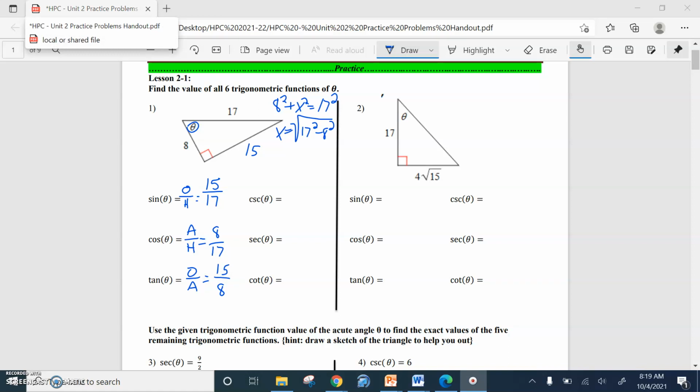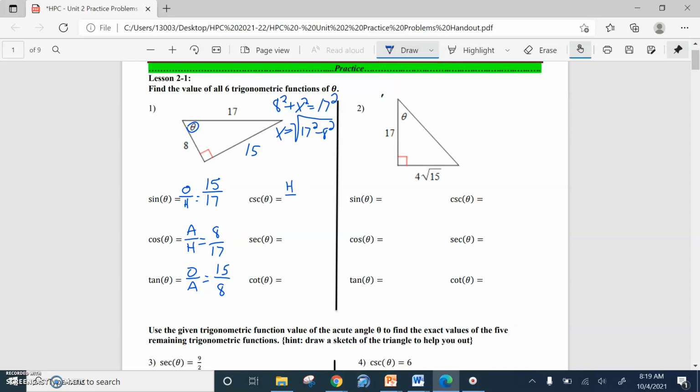Now, if we continue our work, cosecant, secant, and cotangent, those 3 other trig ratios, for all intents and purposes right now, we just look at those as simply the inverses of those first 3 trig functions. So sine and cosecant are related because one is the inverse of the other. So if I have the cosecant of theta, I have the reciprocal. I just simply take that fraction of opposite over hypotenuse and flip it.